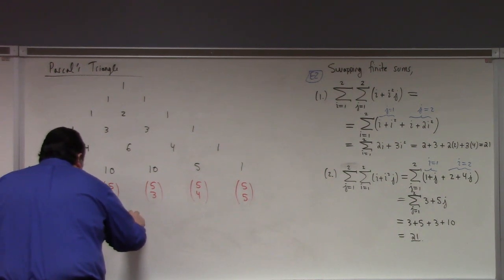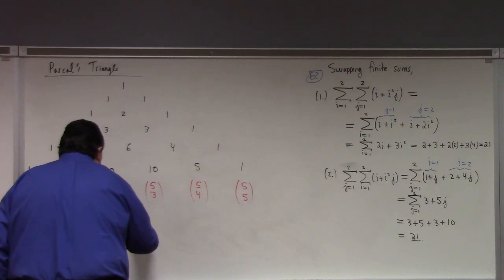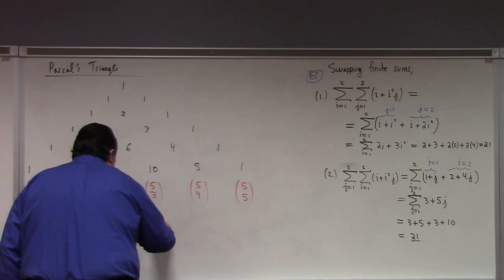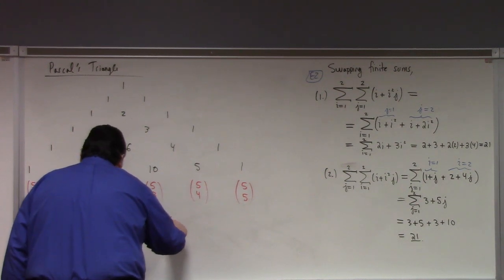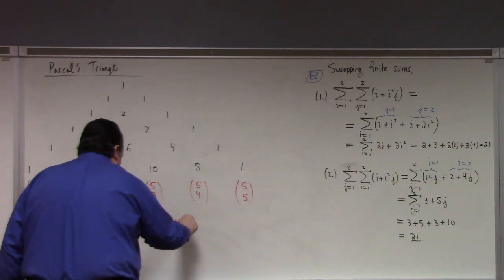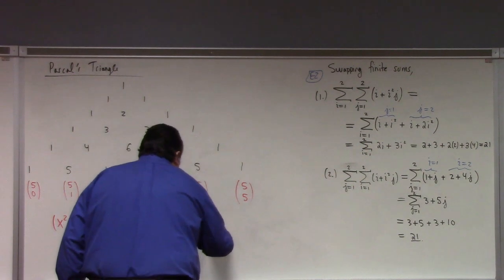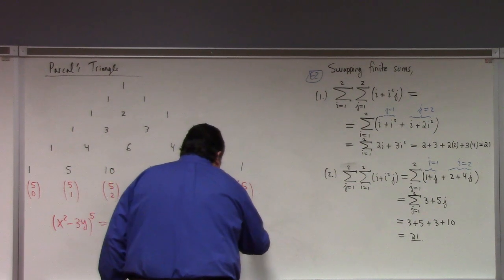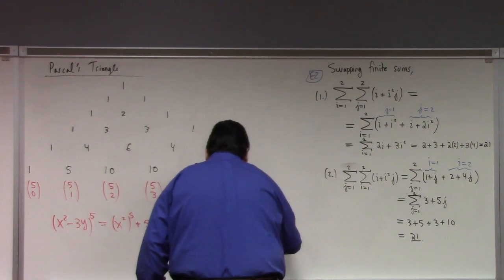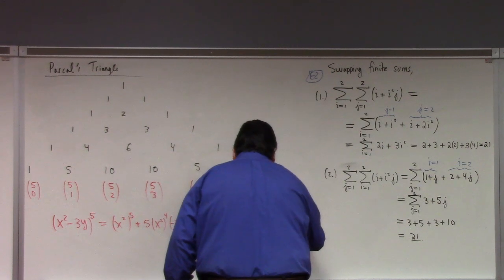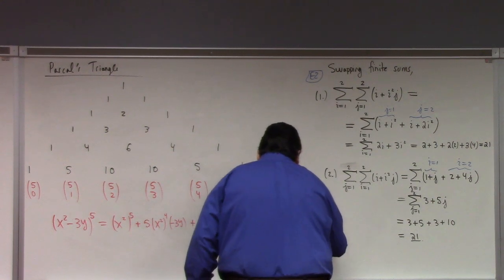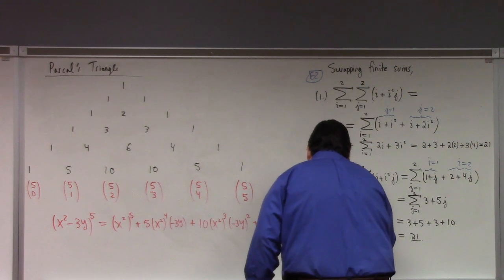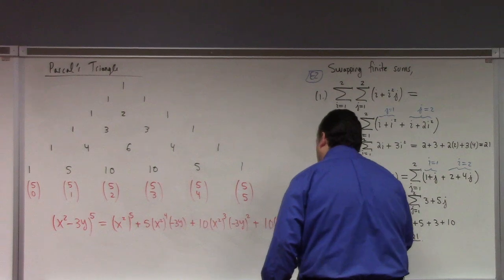X squared to the 5th power, and then plus 5 times x squared to the 4th power times minus 3y, plus 10 times x squared to the 3rd power times minus 3y squared, plus 10 x squared to the 4th power times minus 3y cubed, plus 5 times x squared to the, oh man, look at this.